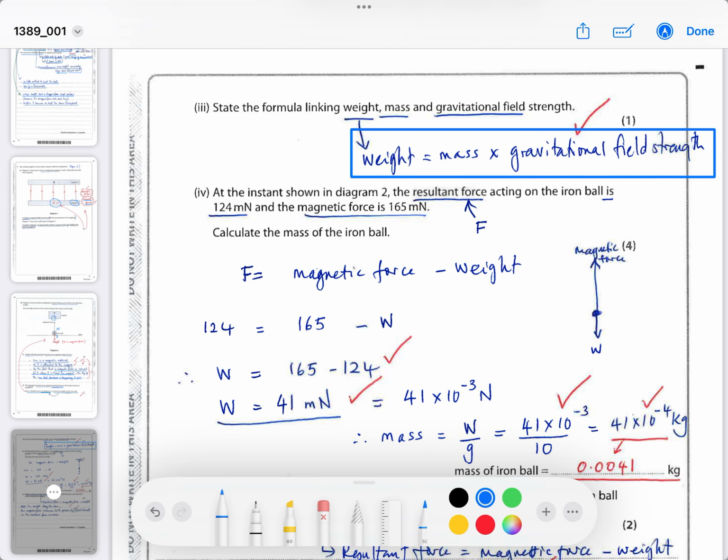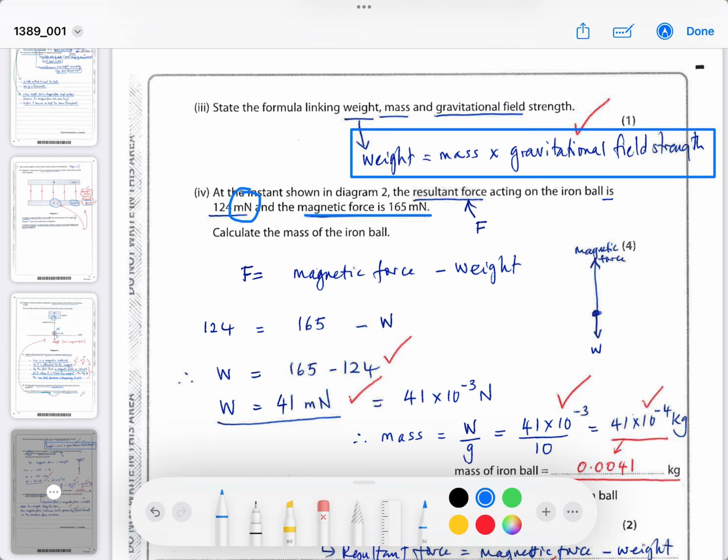At the instant shown in diagram 2, which was the one we looked at, the resultant force acting on the ball is 124 millinewtons. Don't forget, it's millinewtons, so you've got to be aware of that. The resultant force is 124 millinewtons, but the magnetic force is actually 165 millinewtons.